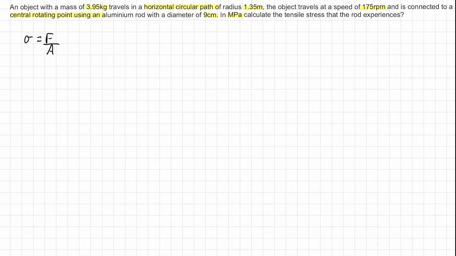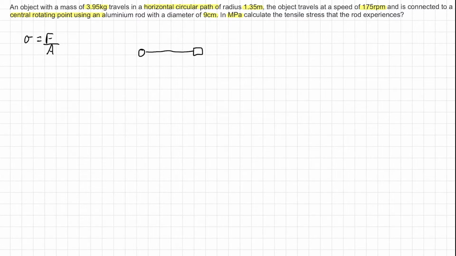So the best way to do things next would be to draw a diagram so you can visually see what's going on. And even if you don't get as many marks because your working out's wrong, you can still get marks for your diagram as you're showing that you understand what's going on. So we have the center, the aluminium rod.